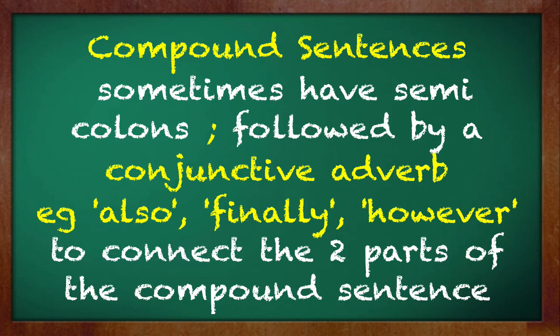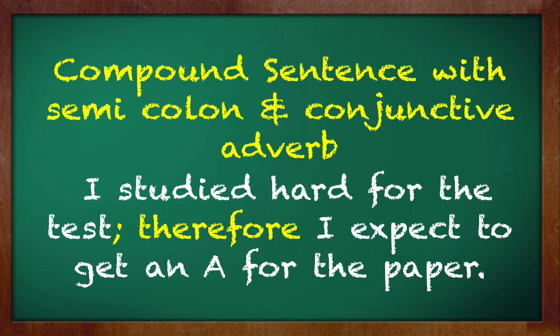Now sometimes compound sentences have semicolons in them. Conjunctive adverbs like also, finally, however, are used to connect the 2 parts of the compound sentence. Example, I studied hard for the test; therefore, I expect to get an A for the paper.